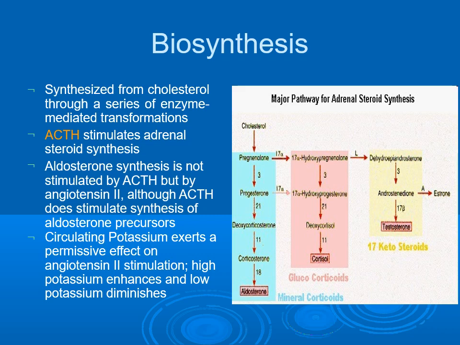Aldosterone synthesis is not stimulated by ACTH but by angiotensin II, while ACTH stimulates synthesis of aldosterone precursors. Circulating potassium exerts a permissive action on angiotensin II stimulation. High potassium enhances and low potassium diminishes secretion of corticosteroids.